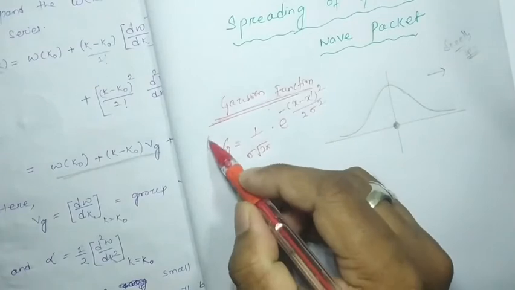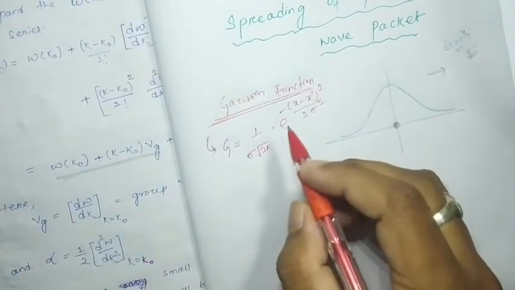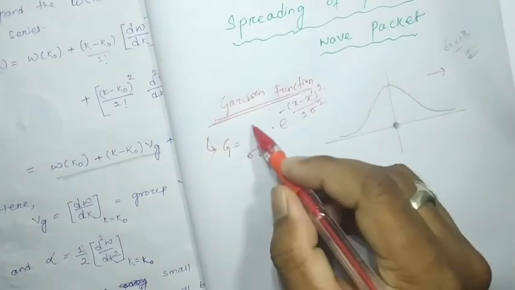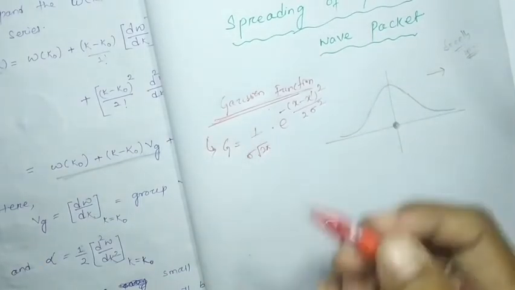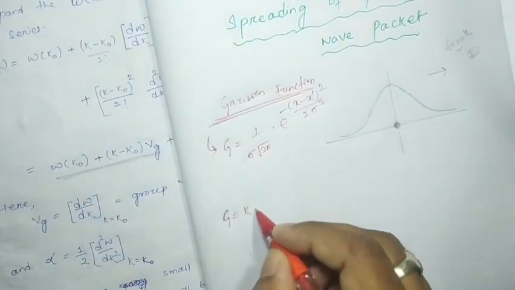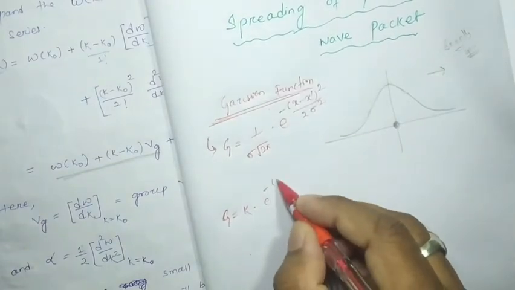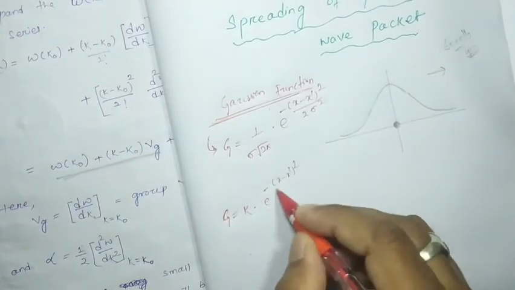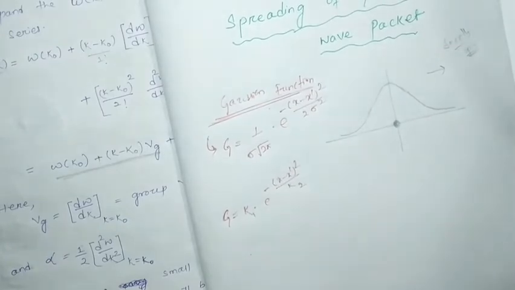If we take the prefactor as one constant, it can simply be represented as some constant times e to the power of (x minus x dash) square by some constant. Suppose this is k1, this is k2.